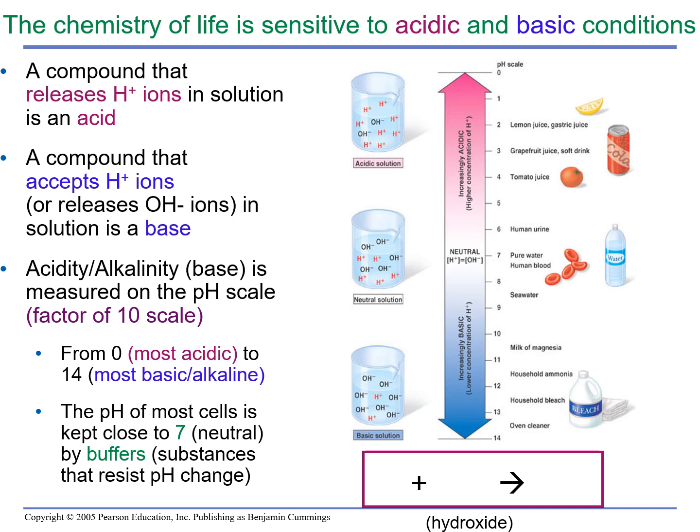So in the diagram you see here, on the top is an acidic solution. This is when you have more hydrogen positive ions than OH minus ions.